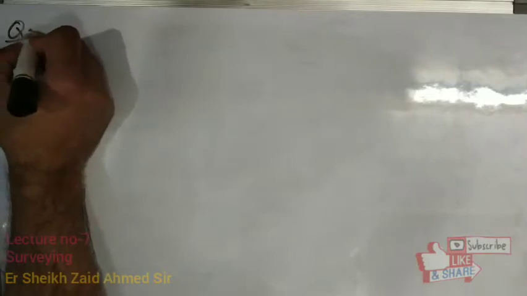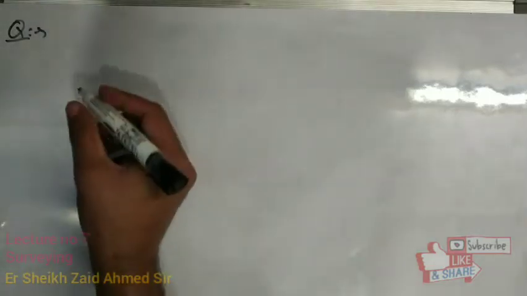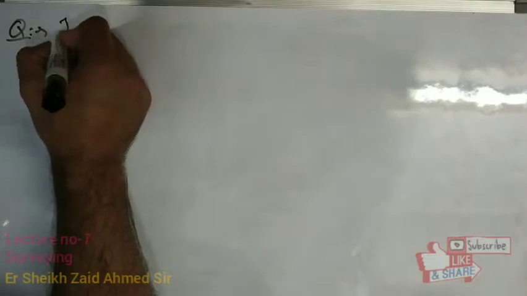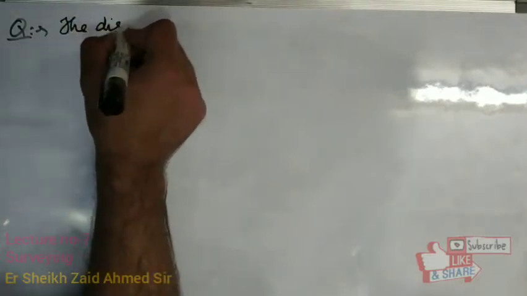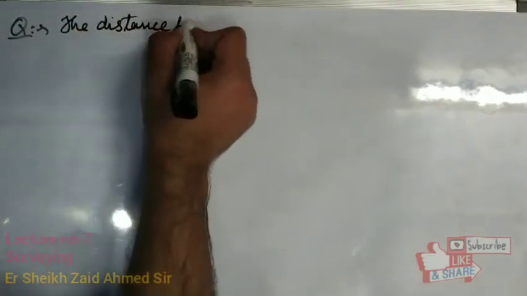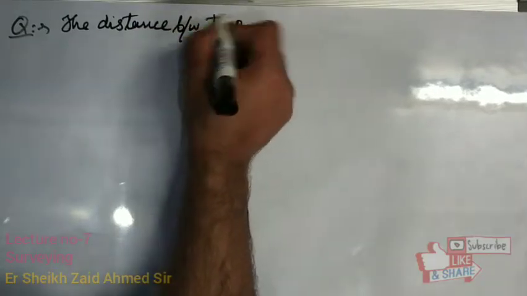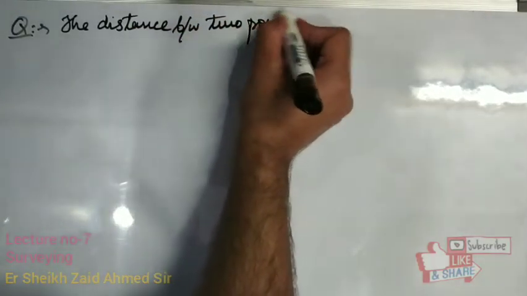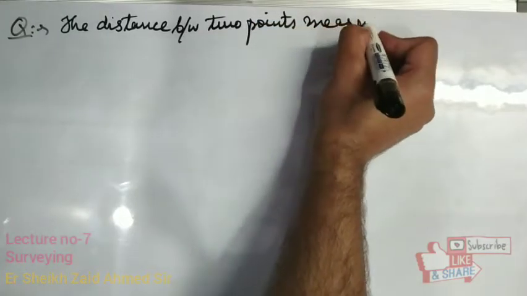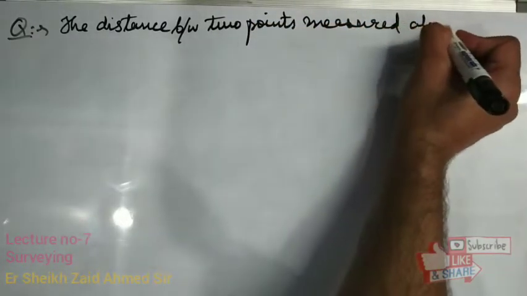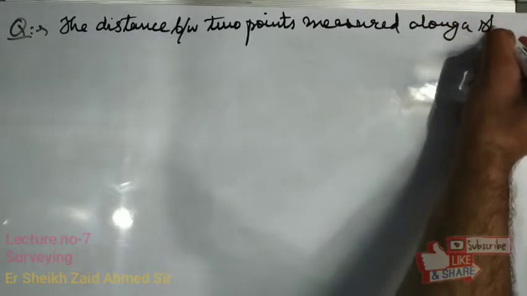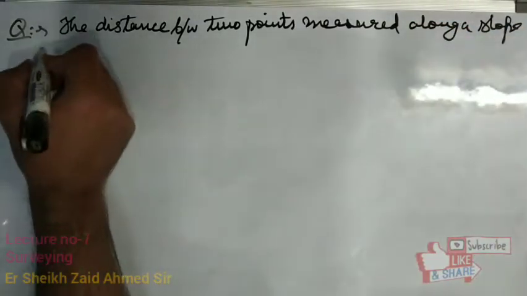Starting with the first question, it says the distance between 2 points measured along the slope is 518 meter.